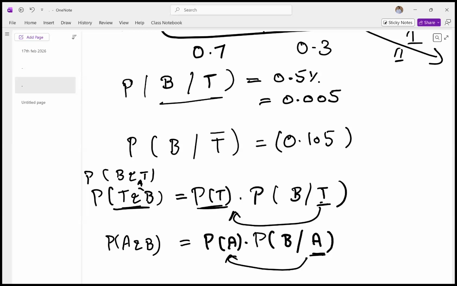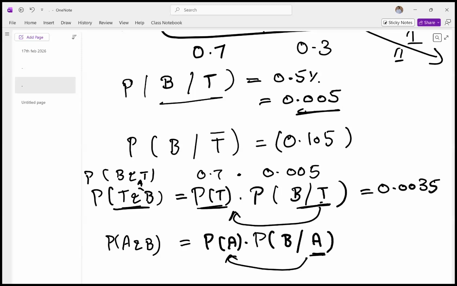So the P(T) value is 0.7 multiplied by 0.005. This is B and T. That's going to give me my final number. Let's do it quickly: 0.7 multiplied by 0.005 is 0.0035.